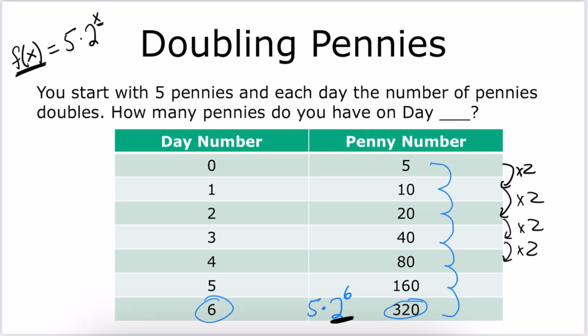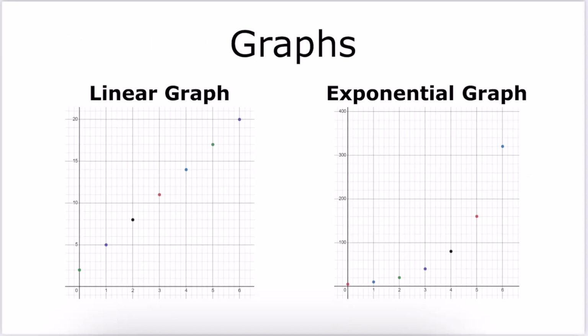And if we look at the graphs of these 2 penny scenarios, notice that the linear function, where you're consistently adding 3, forms a straight line type pattern, versus the exponential graph creates this kind of curvy pattern that grows really, really quickly.